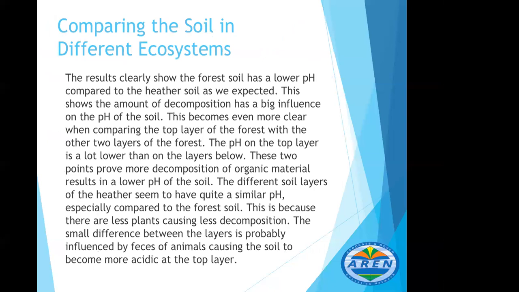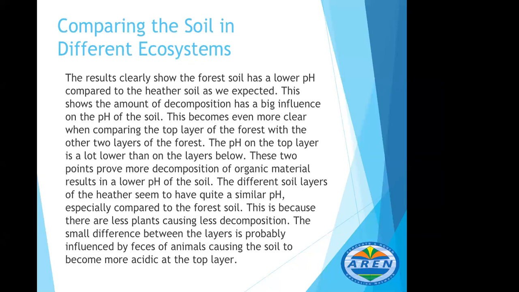The results clearly show that the forest soil has a lower pH compared to the heather soil, as we expected. This shows the amount of decomposition has a big influence on the pH of the soil. This becomes even more clear when comparing the top layer of the forest with the other two layers of the forest. The pH on the top layer is a lot lower than on the layers below.